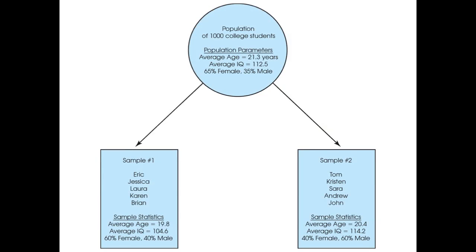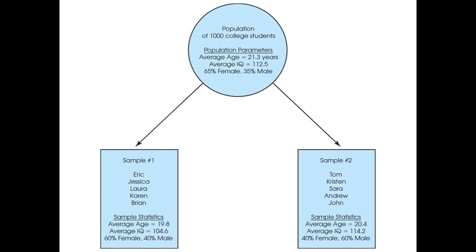So you have a population of 1,000 college students, and your population parameters are the average age is 21.3 years, the average IQ is 112.5, and 65% are female and 35% are male. So you took one sample of 5, and the sample statistics are a little bit different than the population parameters. The average age is 19.8, the average IQ is 104.6, and it is 60% female and 40% male.